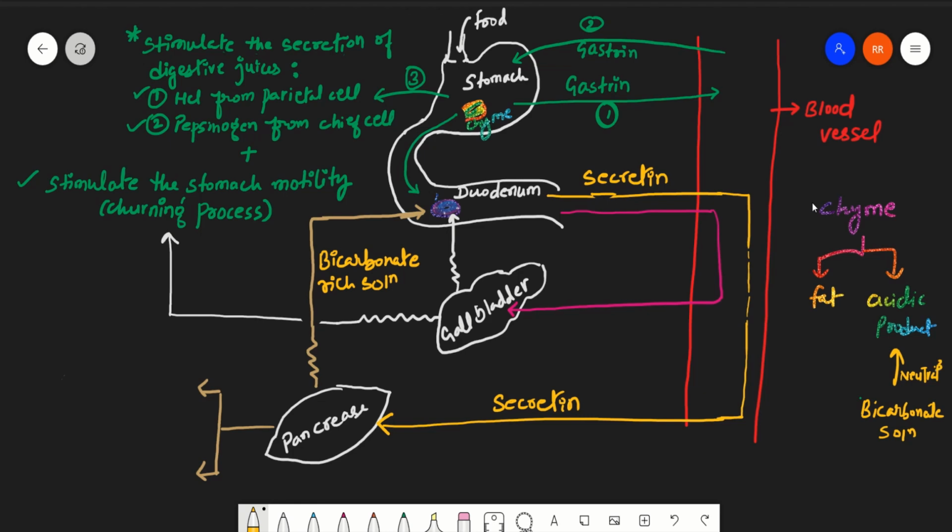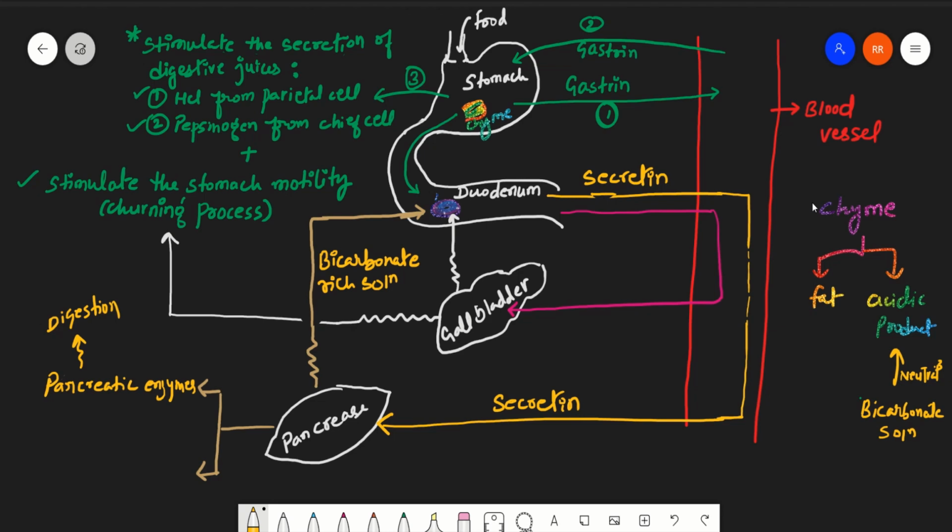Another thing the pancreas will do is release some pancreatic enzymes, which will help in the digestion process.